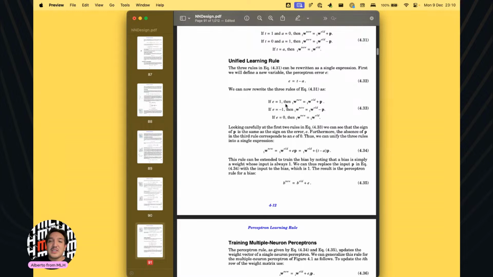If the error is positive, we still need to move the decision boundary towards the direction we were looking for. If the error is negative, it could mean that we need to return because we passed the point we wanted.